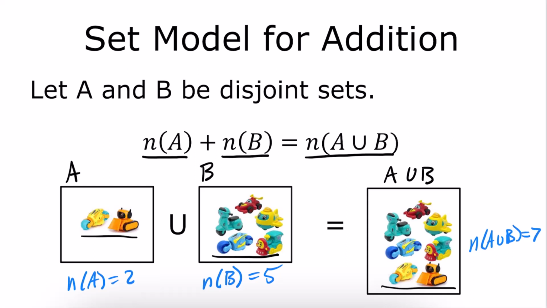This is how we define the addition problem 2 plus 5 equals 7.